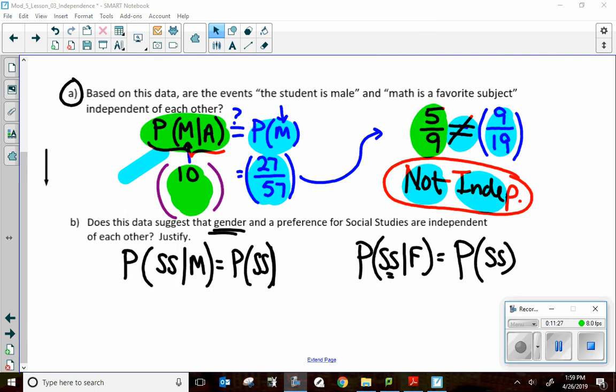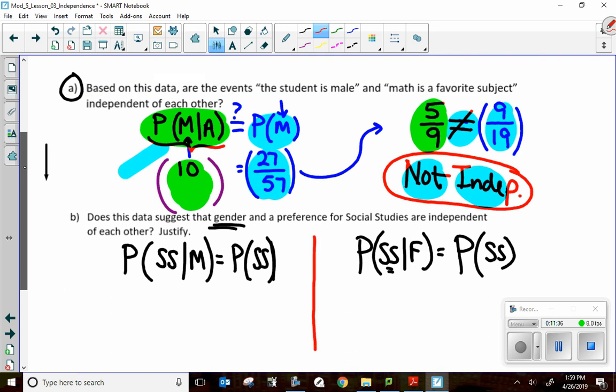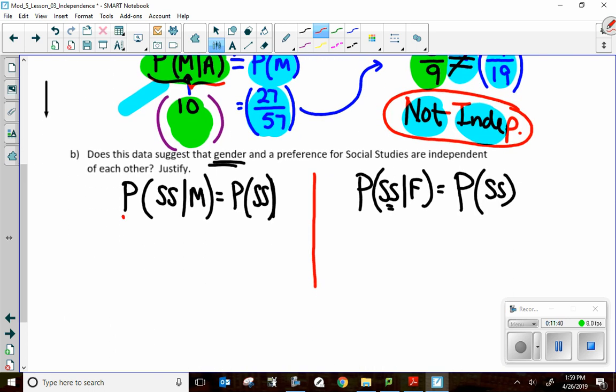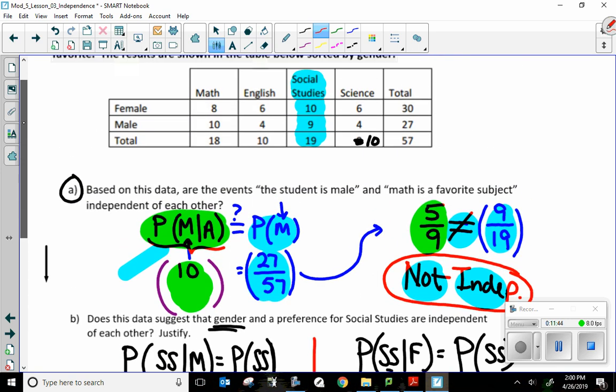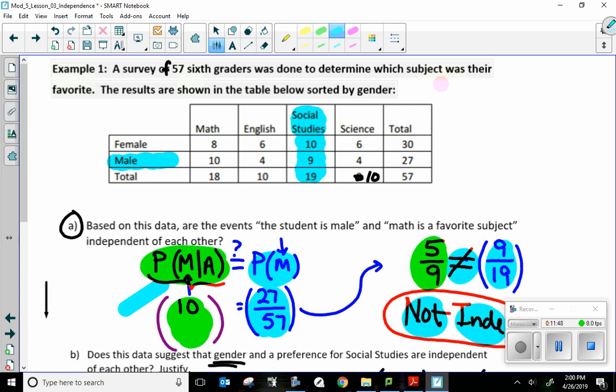So let's start referencing our table. We need our table back. Social studies and male. I'm going to look at this one first. The probability that I pick social studies given that I'm a male. Here are all the males that I'm given to pick from, and social studies is already in blue.